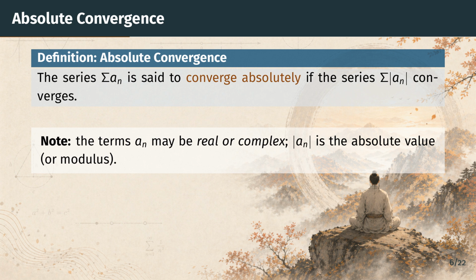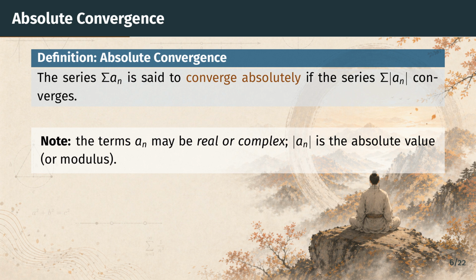The terms themselves can be real numbers or complex numbers. In either case, the size is the absolute value, or for complex numbers, the modulus. Because the sizes are non-negative real numbers, we can attack the series of sizes with all the tools we developed for series of non-negative terms.